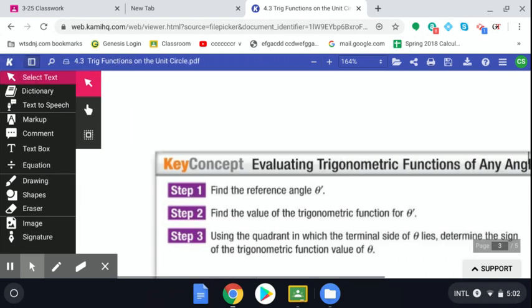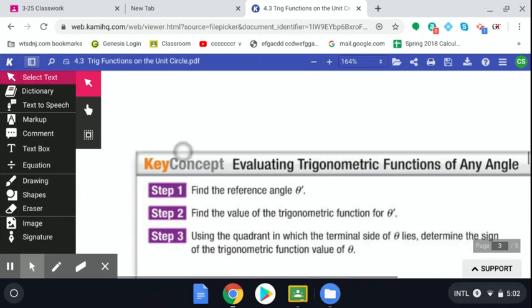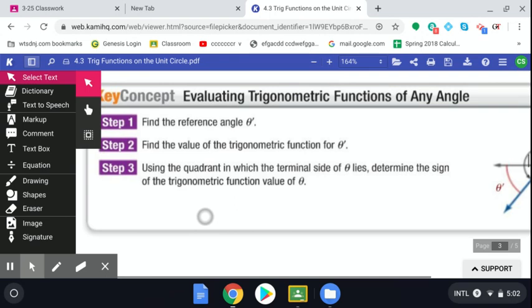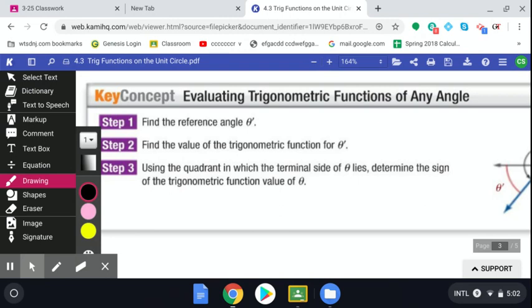Okay? So those are the quadrantal angles. Now, how do we evaluate trig functions of any angle? You're going to have to find a reference angle, and what we mean by that is the equivalent angle in the first quadrant. You need to find the value of the trig function, and then you adjust the sign according to the quadrant.